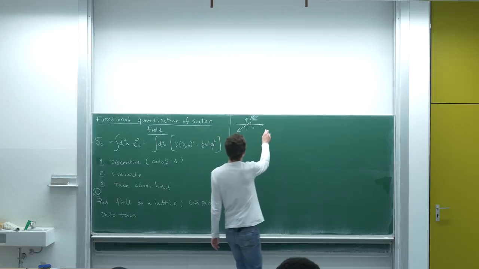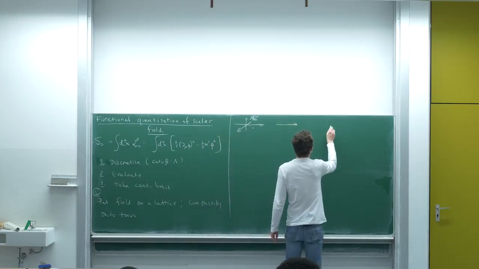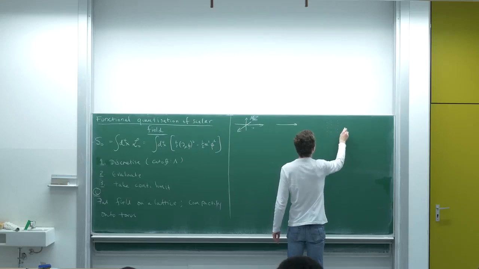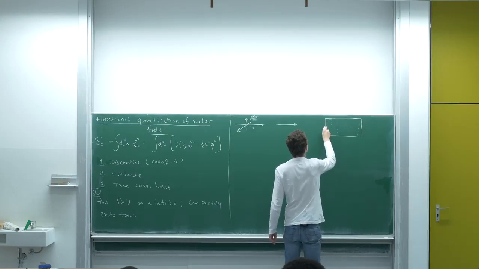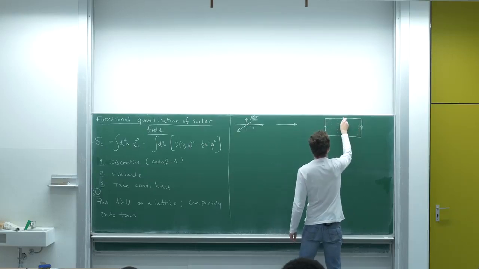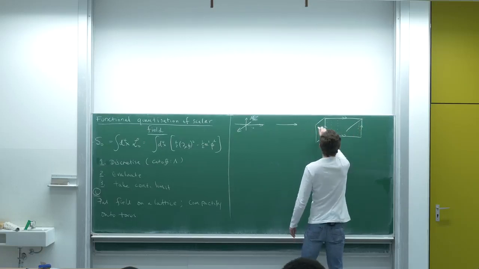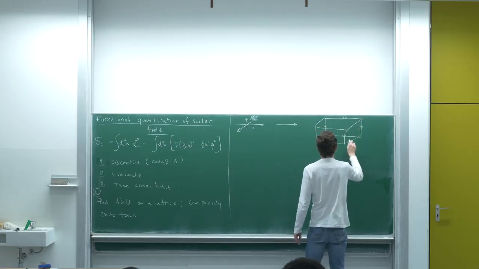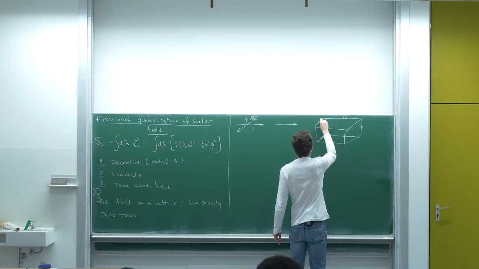And we're going to take this continuous infinite flat Lorentz manifold and we're going to discretize it onto a torus, which means we identify this side with this side, this side with this side, and so on.